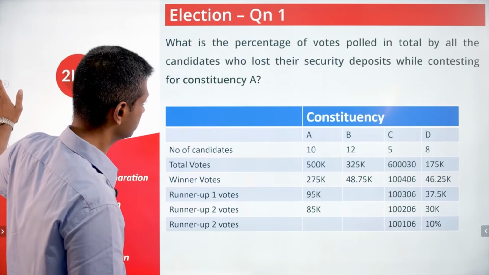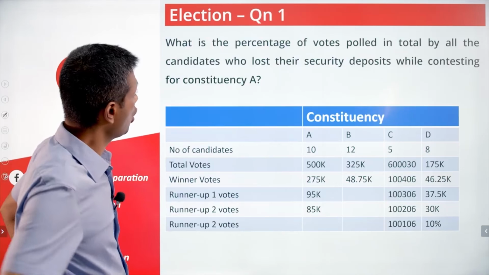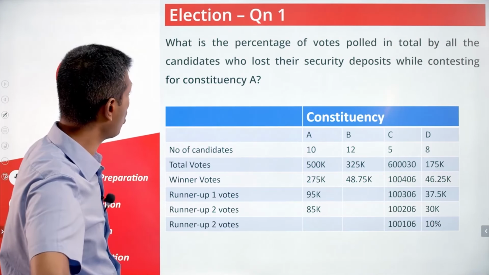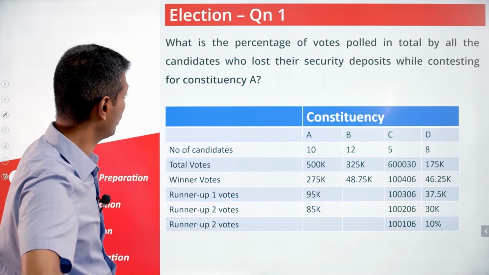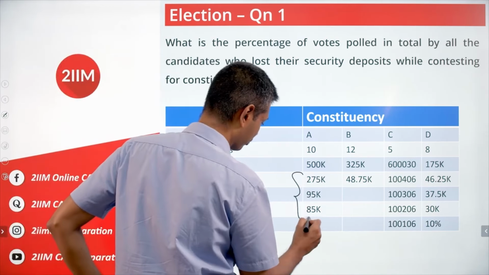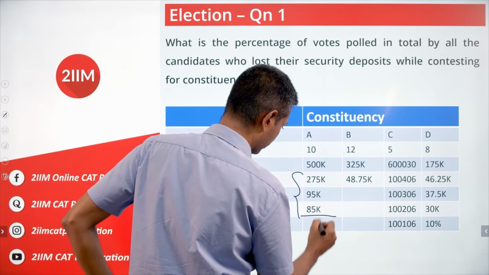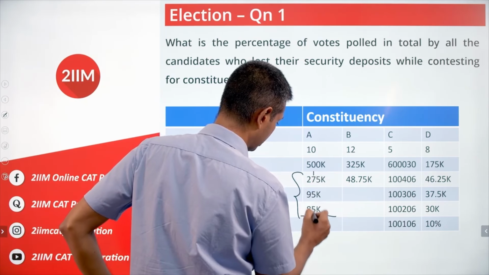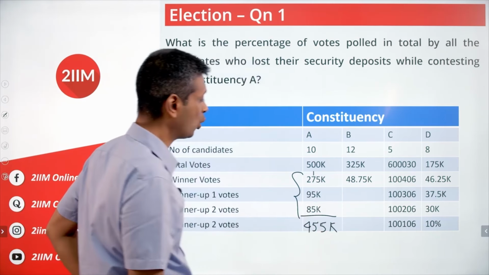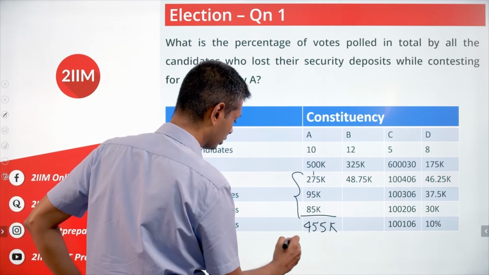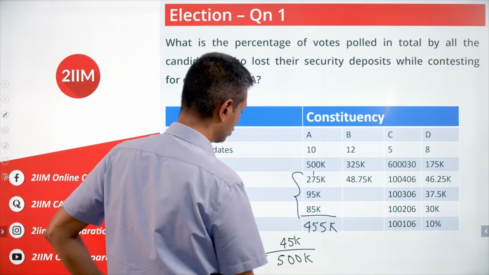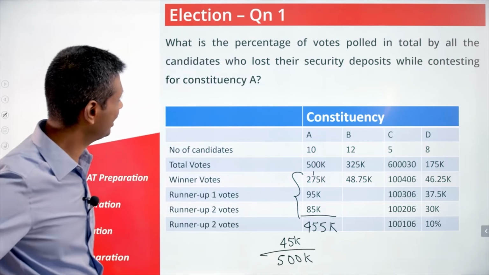Now let's go to the right here. What are the percentage of votes polled in total by all the candidates who lost their security deposits while contesting for constituency A? We did this math already. Add these 3: 5, 15, 8, 17, 25, 5, 2. 455,000 has been accounted for, or 45,000 is remaining. 45,000 out of 500,000 is what everybody else added up to.